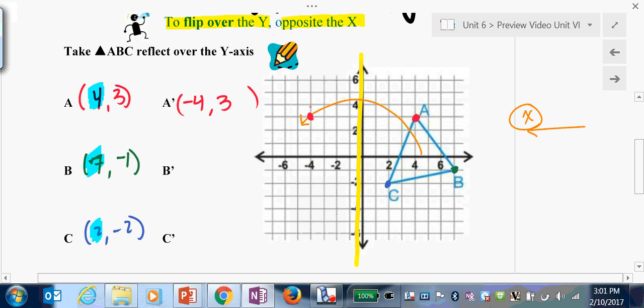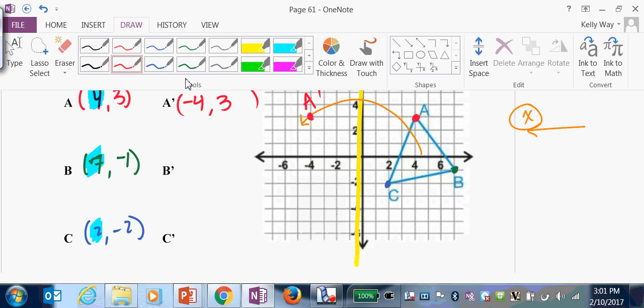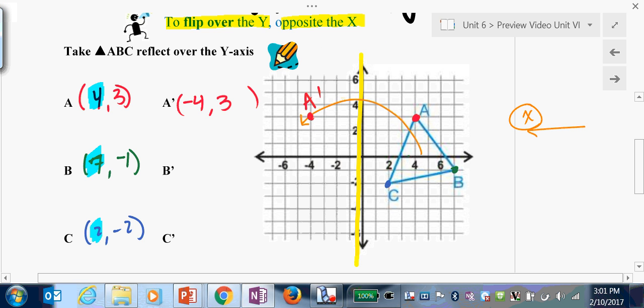And go ahead and plot that out. And that's A prime. And then opposite the X, that's -7, -1. It's B prime. And then we have -2, -2.